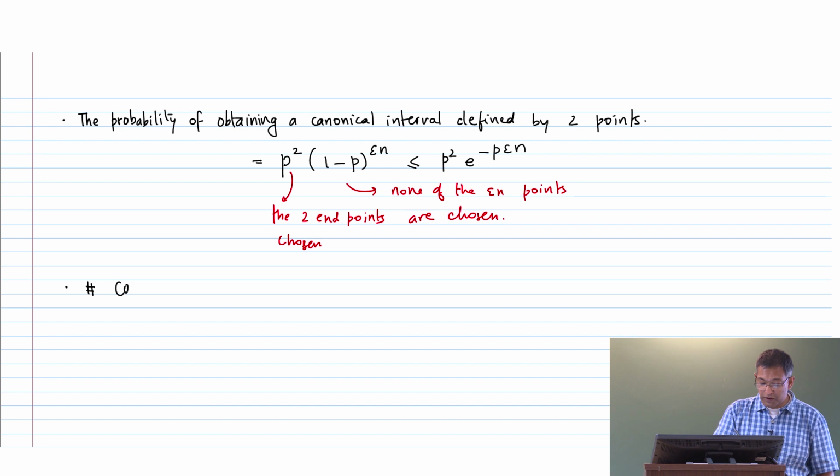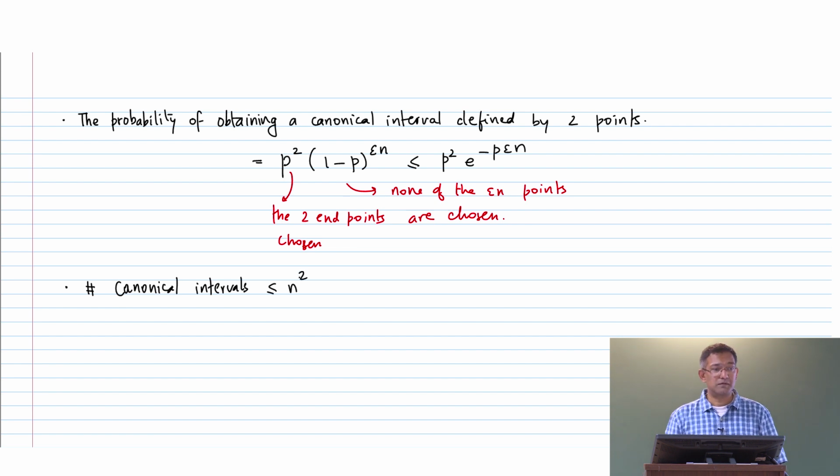So the number of canonical intervals is at most n square. You lose bound. A canonical interval is defined by 2 points, so it's at most n square. Okay? Because every canonical interval is defined by 2 points. I'm using a weaker loose bound here, but that should be sufficient. Right?